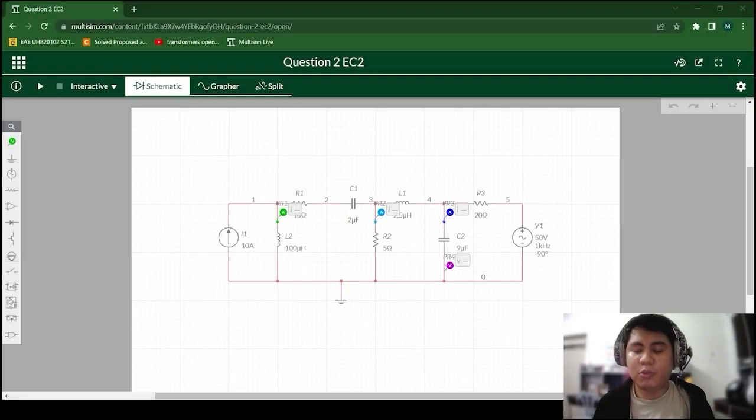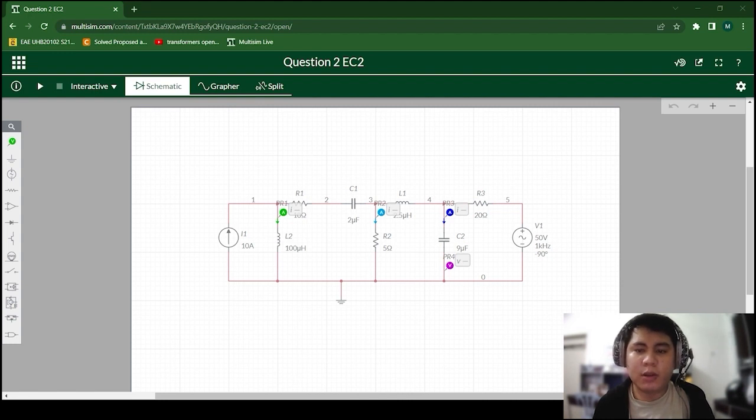Next is the simulation for question 2. For question 2, we must simulate the steady state currents and voltage of IA, IB, IC, and VT. First, we construct the circuit the same as the question given.